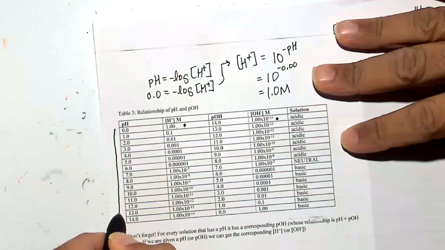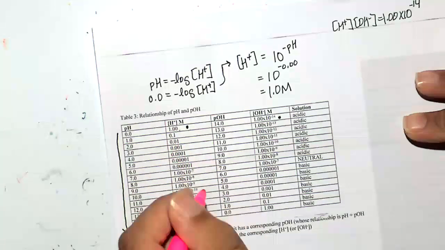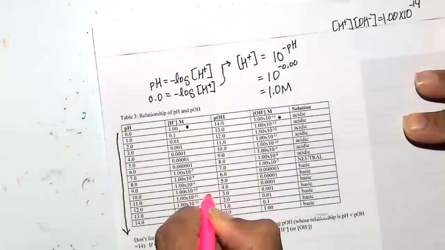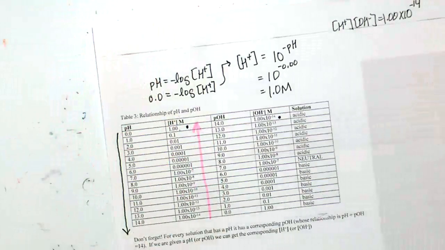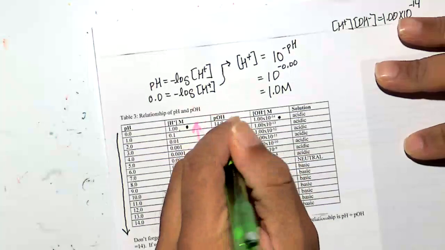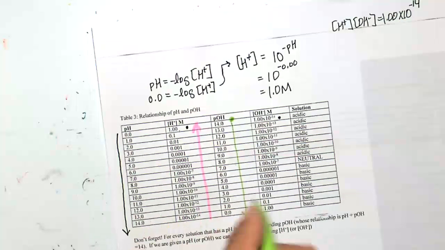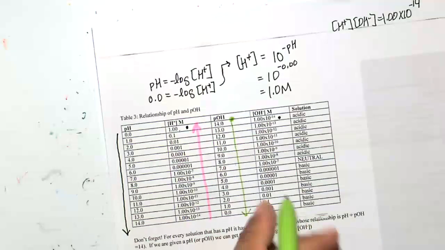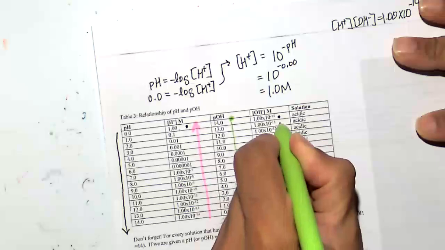Notice here as your pH goes up, what happens to your hydrogen ion concentration? It goes in the opposite direction, or in other words, it goes down. If your pOH goes down, how does the hydroxide ion concentration go? It goes in the opposite direction.